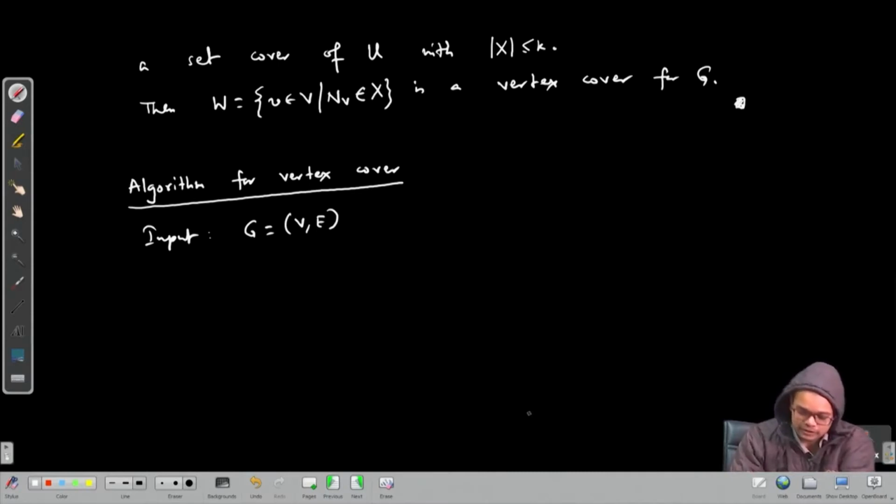Also there could be weights, so it could be weighted. So w maps from V to real numbers.